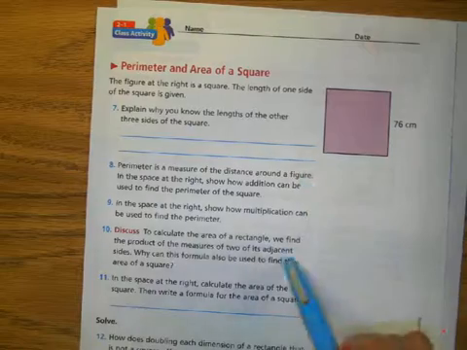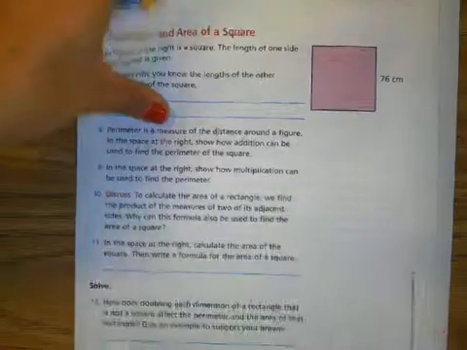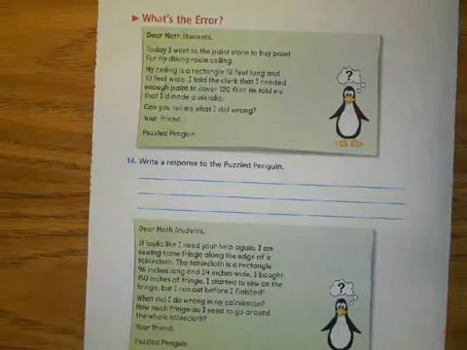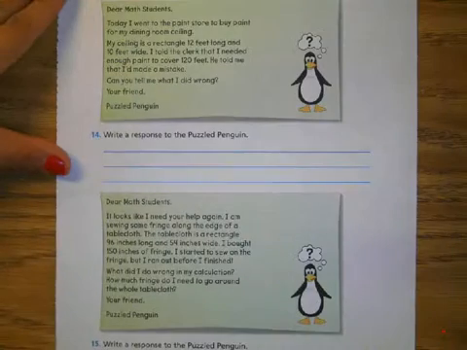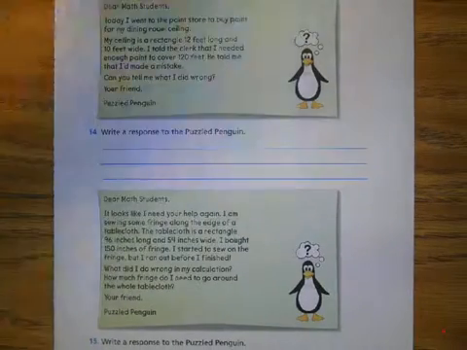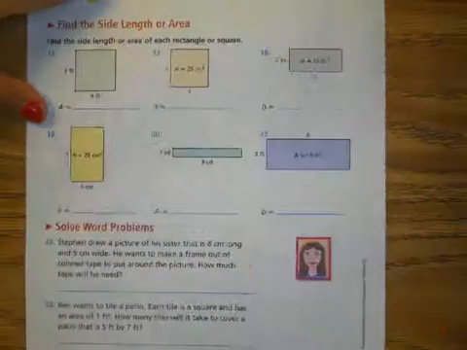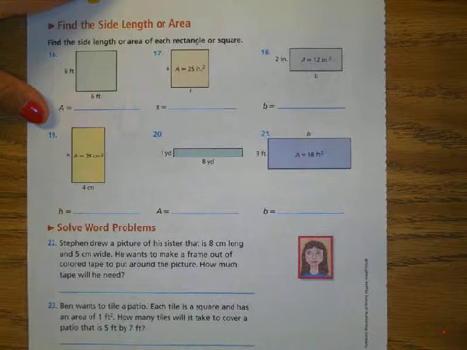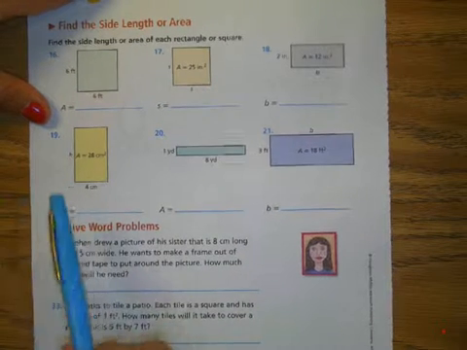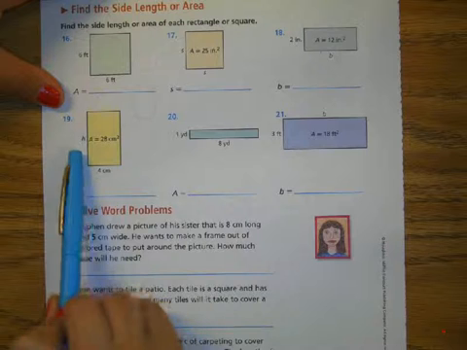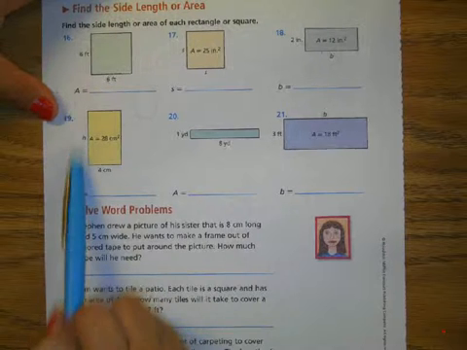And then you have a puzzled penguin. He's very puzzled. And the last page, you have some practice. Some of these, they're going to make you think. This one, they don't give you the height. They give you the area and the base, but you have to problem solve.